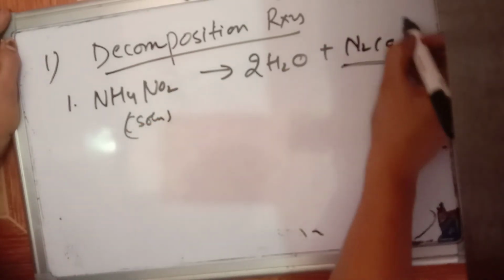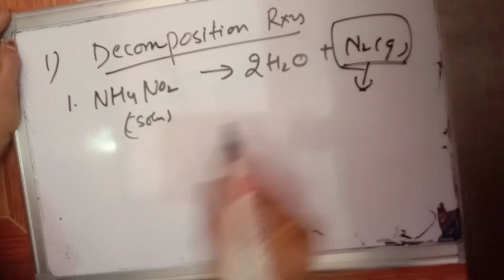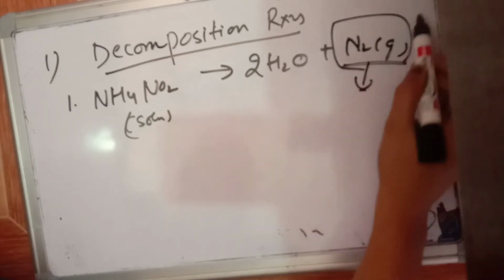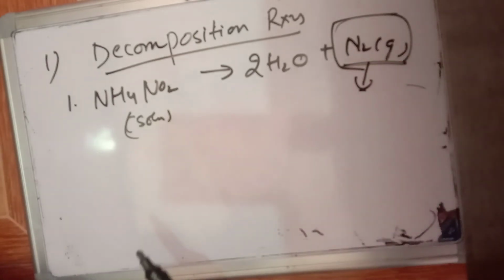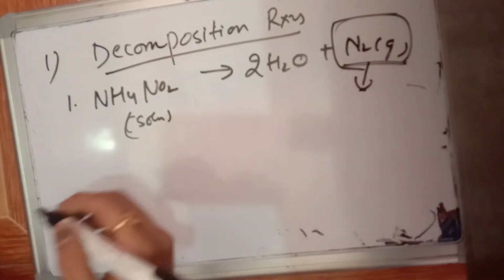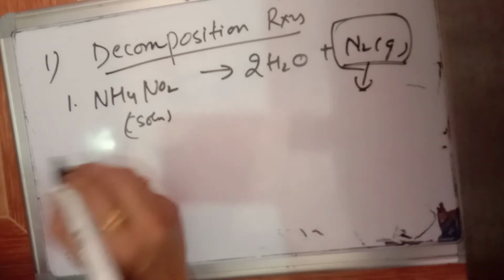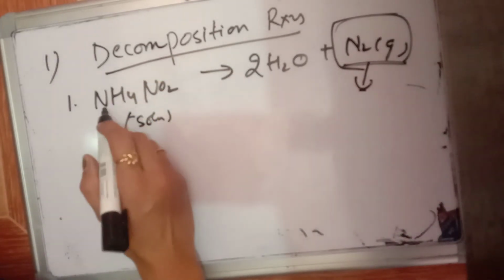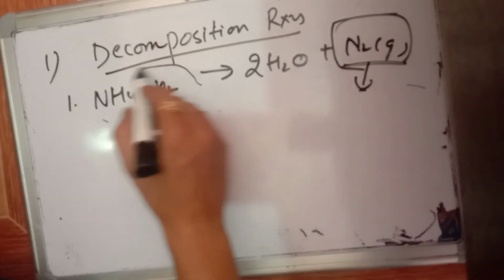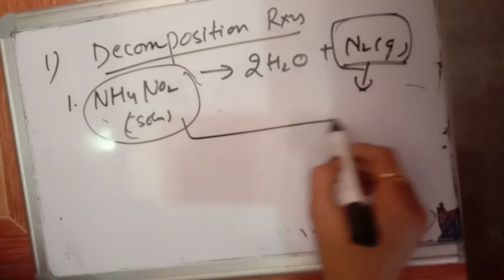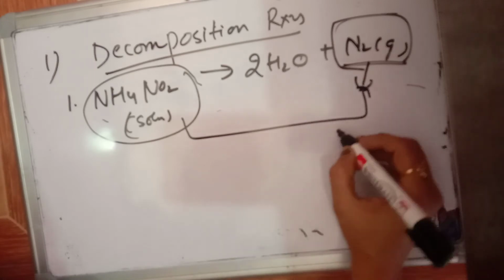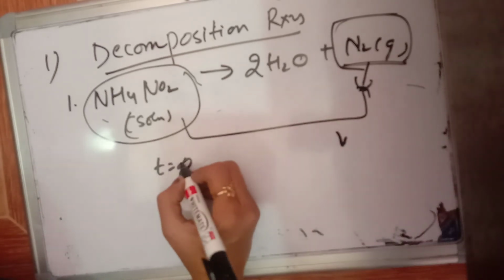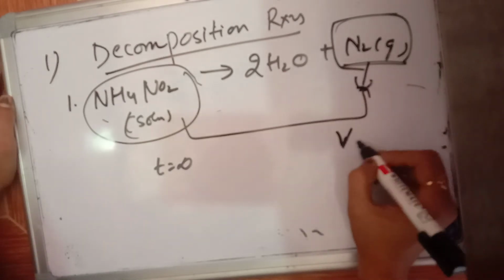Now here nitrogen is a gas. Only one gas is present in the product, so this reaction is studied by measuring the volume of nitrogen produced. Just try to understand: if the whole of the ammonium nitrite has been converted to nitrogen, and this is possible at time infinity, the volume of nitrogen I'll take as V infinity.